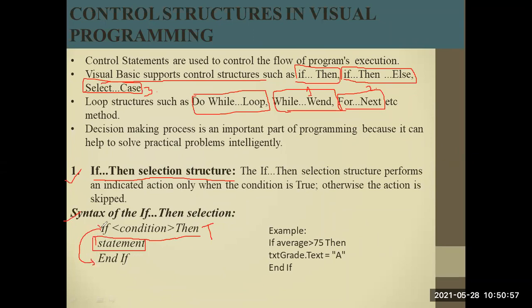There is a slight difference in structure, so you have to remember the syntax for if-then. It will be If, condition, Then keyword. If the condition is true, then we will execute the statement part. Then every If statement is ended with an End If statement.